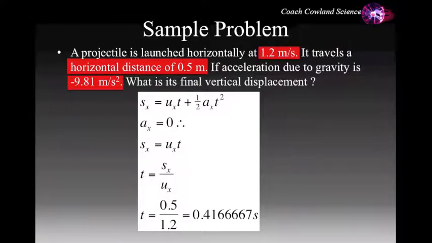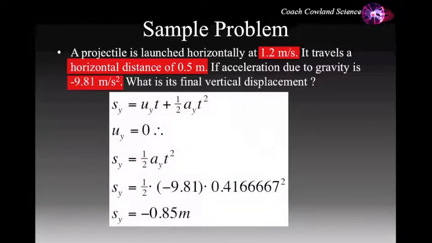In order to maintain my accuracy, I don't want to reduce to two significant figures just yet. Now I have my value for time, I can substitute in to find my vertical displacement. I know that my initial velocity in the vertical is equal to 0, so s of y becomes 1/2 at squared. Substituting in my value for t, I get an s of y of negative 0.85 meters. This means that the height of the object is 0.85 meters below where it started.